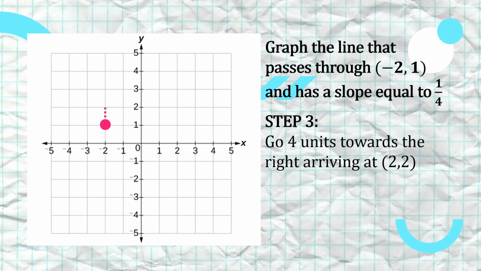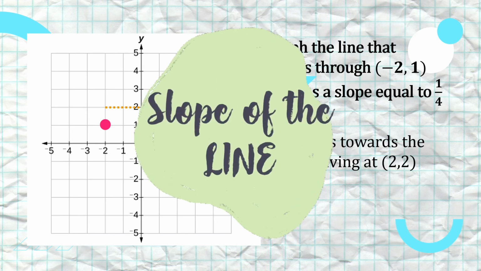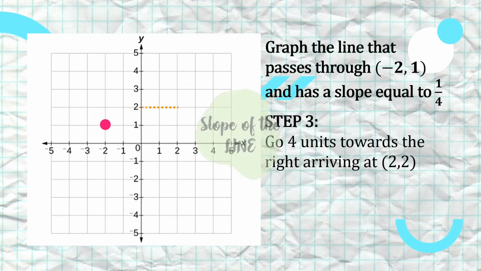For step 3, since the denominator 4 is positive, from -2, 2, we go 4 units to our right. See that? Rise and run. We rose 1 unit and then we ran 4 units to the right. That's the slope. Where did we stop? Oh yeah, we stopped at 2, 2.